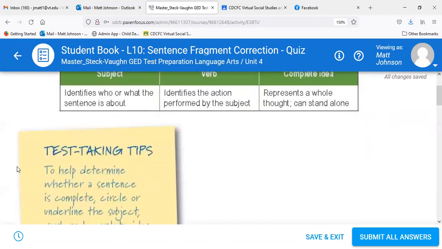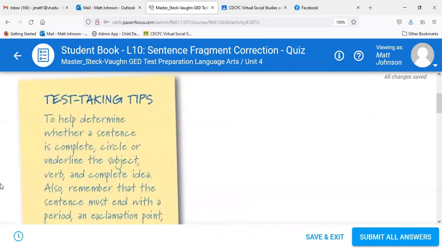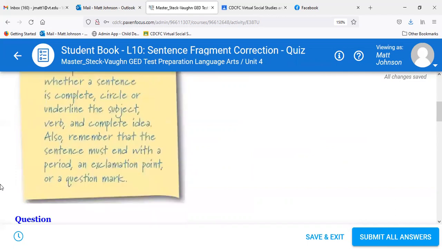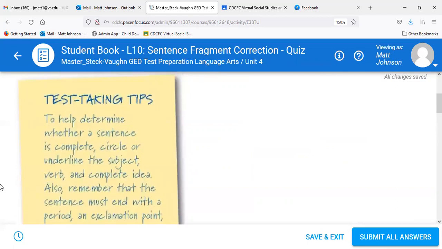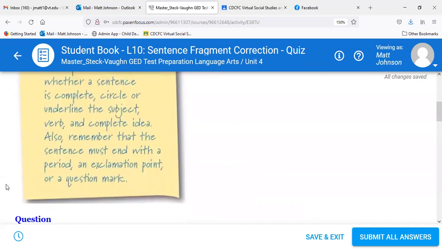Okay. Once again, some test taking tips. To help determine whether a sentence is complete, circle or underline the subject, verb, and complete idea. Also remember that the sentence must end with a period, an exclamation point, or a question mark. And if you're writing, I always say if you can, read aloud, but one way or the other, you should read it, either in your head or aloud, and that'll help you catch when something doesn't sound right.